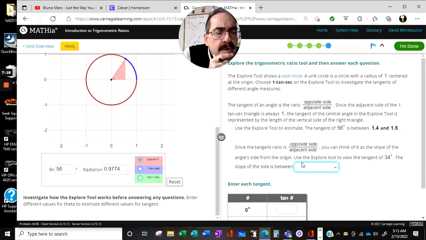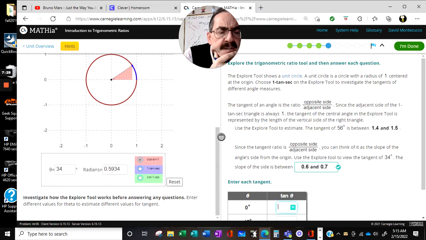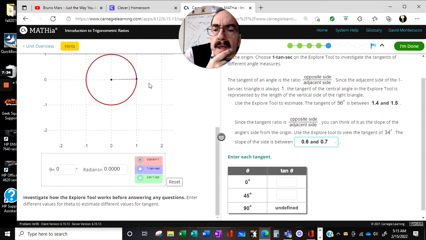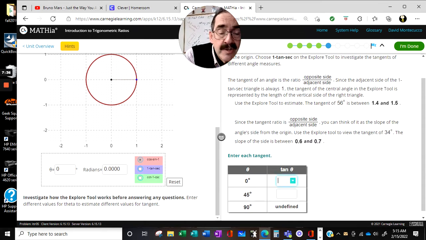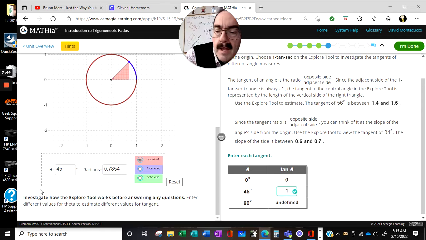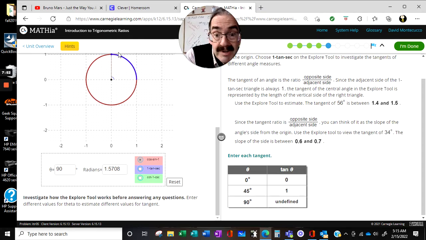Tangent of 34 degrees, the opposite is about 0.6. If we put a 0, there is nothing. There is no opposite. At 45, everything's even, so it has to be 1. And when we put in 90, it's straight up and down. It's all opposite divided by 0, so that's why it's undefined.